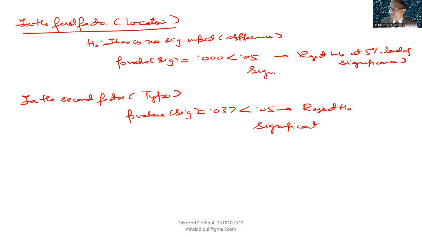So individually, the main effect of the location is significant, and the main effect of the type is significant. Right?